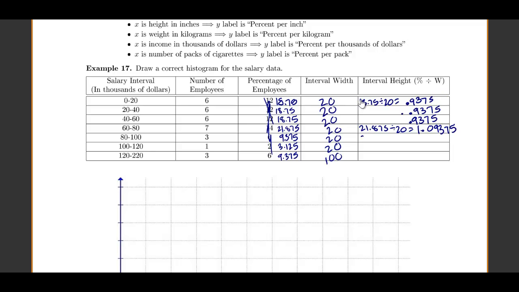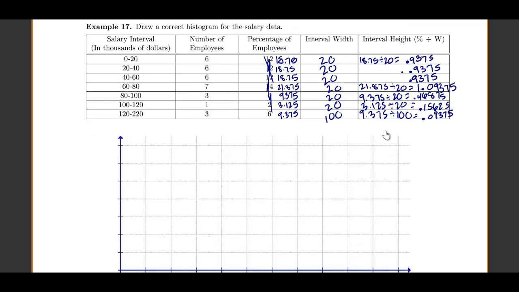And then 9.375 divided by 20 is 0.46875. And 3.125 divided by 20 is 0.15625. And 9.375 divided by 100 is 0.09375.